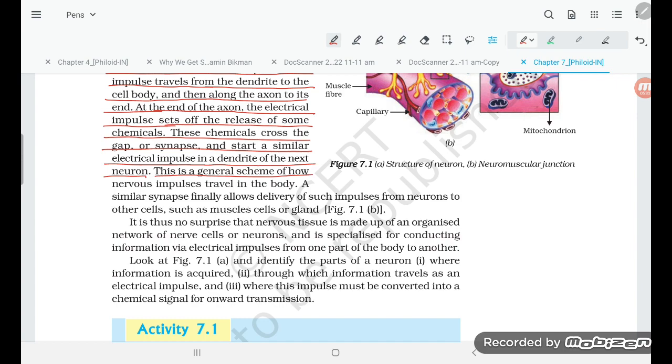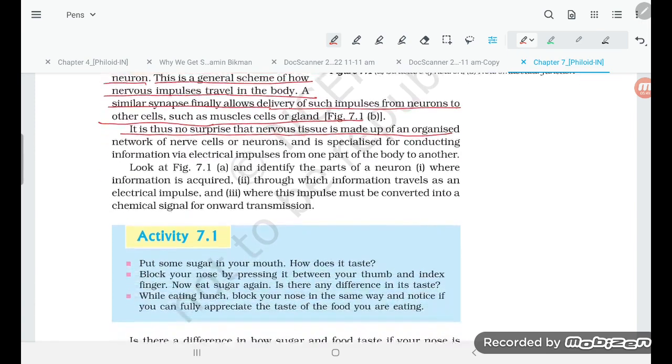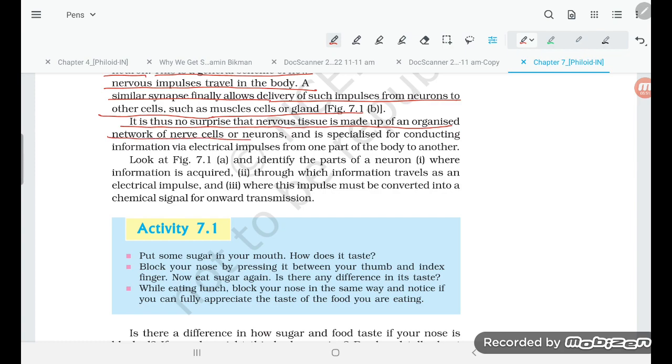This is the general scheme of how nervous impulses travel in our body. A similar synapse finally allows delivery of such impulses from the neurons to other cells, such as muscle cells or glands. It is thus no surprise that nervous tissue is made up of an organized network of nerve cells or neurons and is specialized for conducting information by electrical impulses from one part of the body to another.